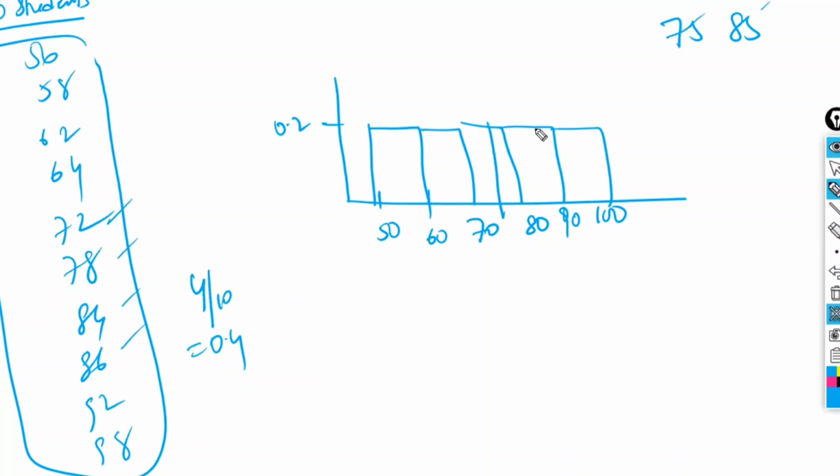From here to here. That is 75 minus 85, which is nothing but distance 10. 10 into 0.2, which is 2. That is 2 students are there. So we are going to get 2 students only between 75 to 85. So these are the 2 students. Satisfied?